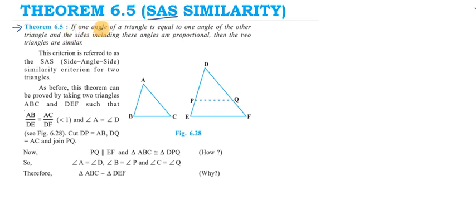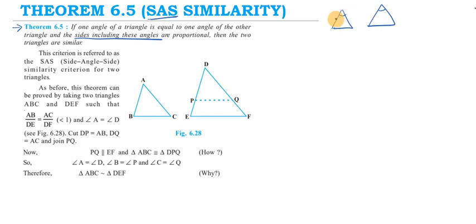If one angle of a triangle is equal to one angle of the other triangle, so there are two triangles, one angle in this is equal to one angle in this. And the sides including these angles, remember this, sides including these angles.